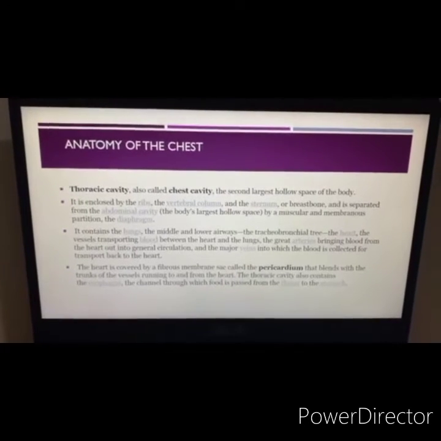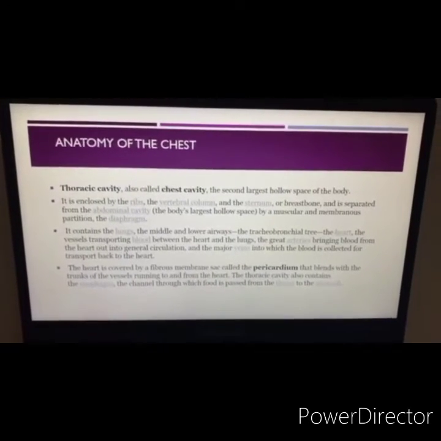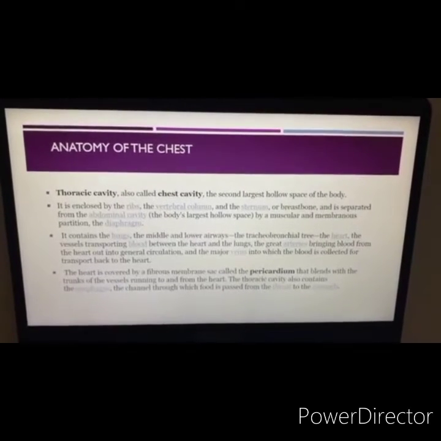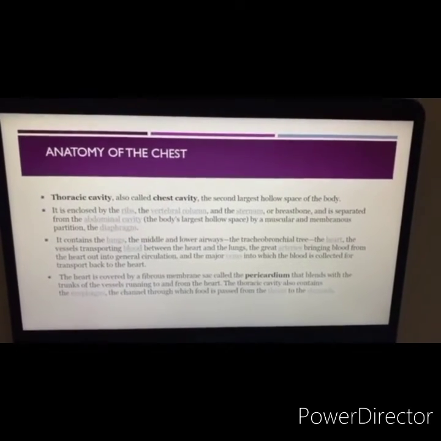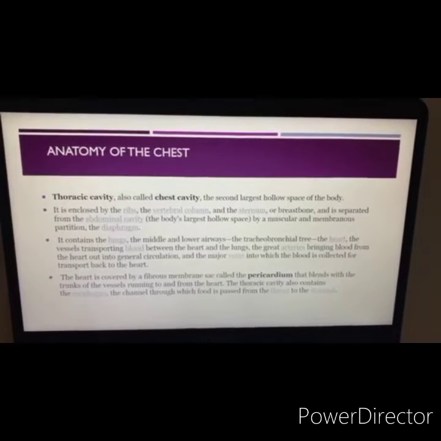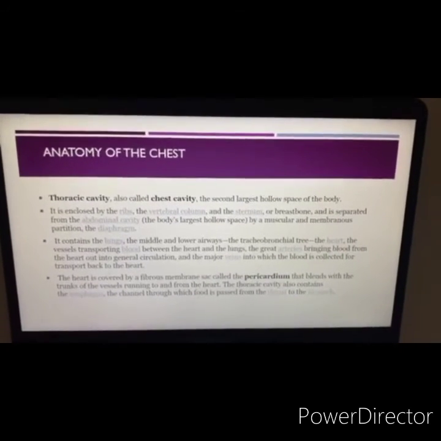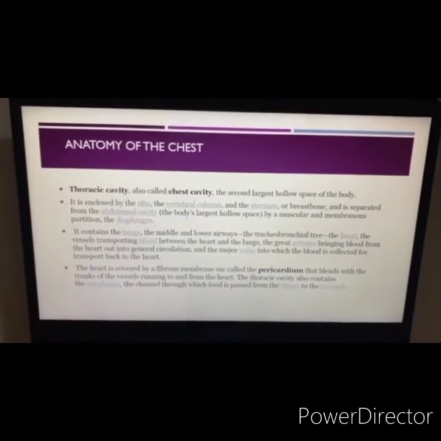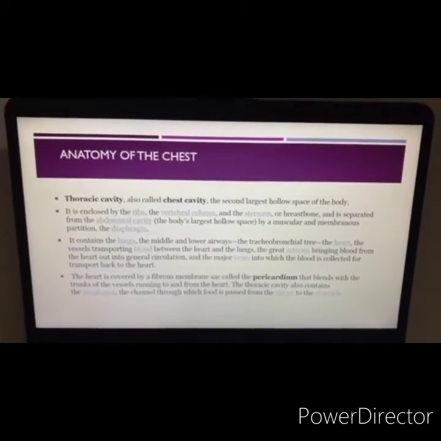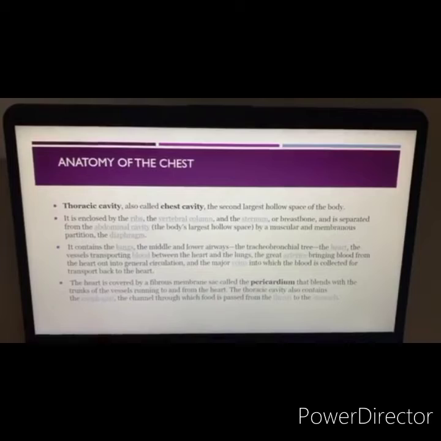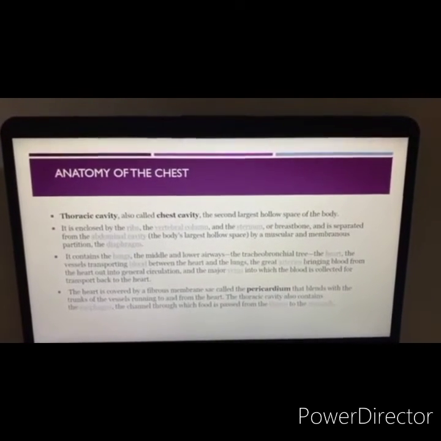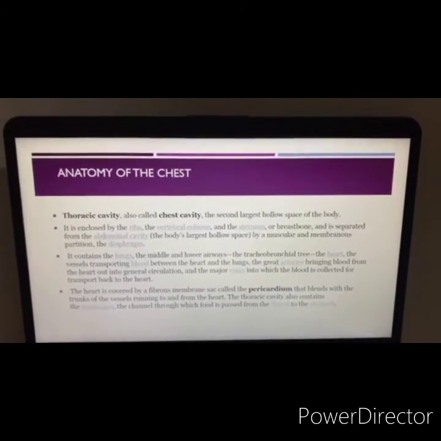Anatomy of the chest. Thoracic cavity, also called chest cavity, is the second largest hollow space of the body. It is enclosed by the ribs, the vertebral column, and the sternum, or breastbone, and is separated from the abdominal cavity by a muscular and membranous partition, the diaphragm.